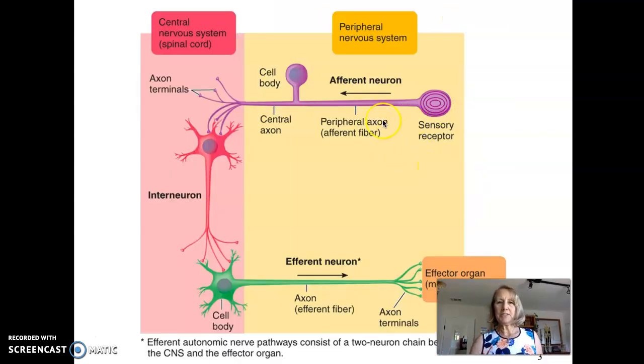If you think of it in terms of a little picture like this, where central is in pink and peripheral is in yellow, it could involve as little as 3 neurons. One that's incoming, let's say it's a sensory receptor in your eye, light's coming in, and it's coming into the central nervous system.